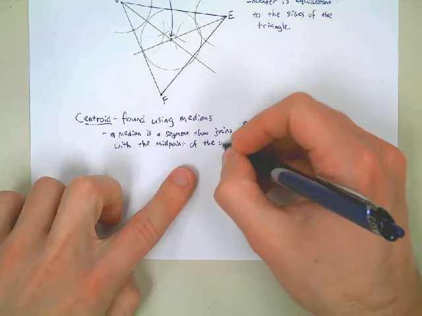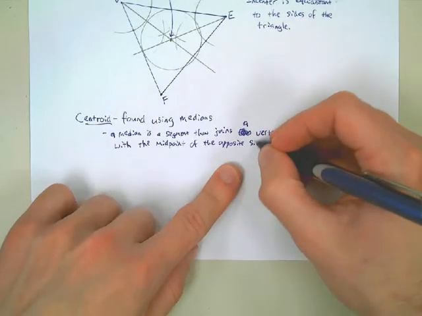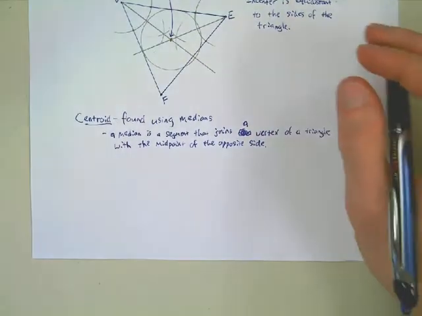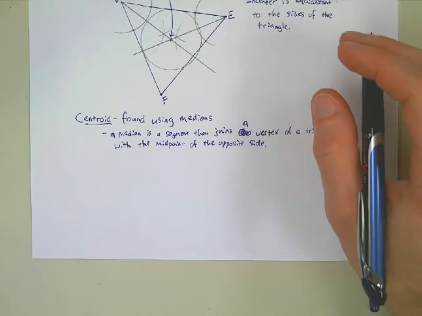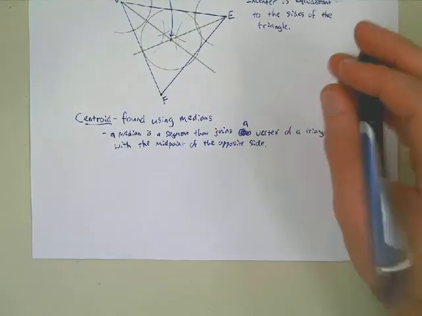So there's that kind of middle idea. It's a segment in our triangle that joins a vertex of a triangle with the midpoint of the opposite side.